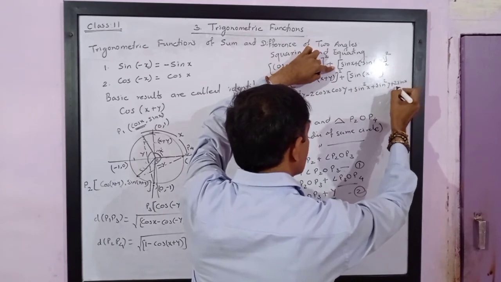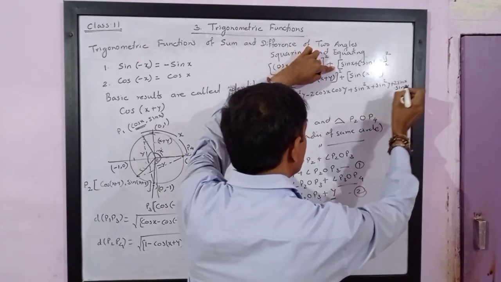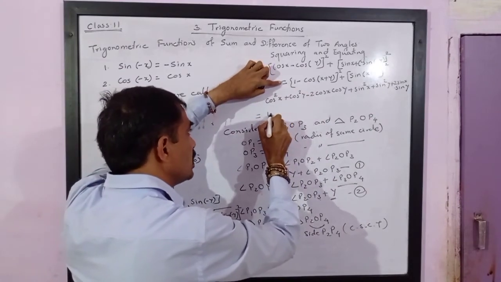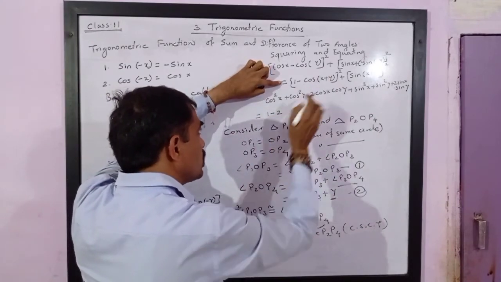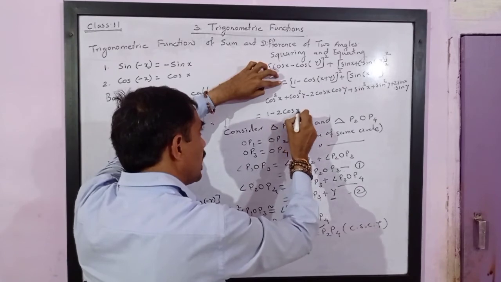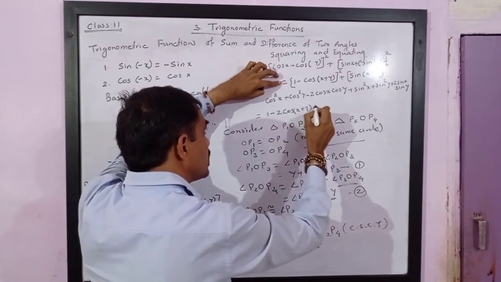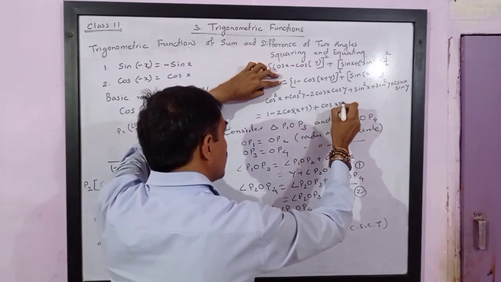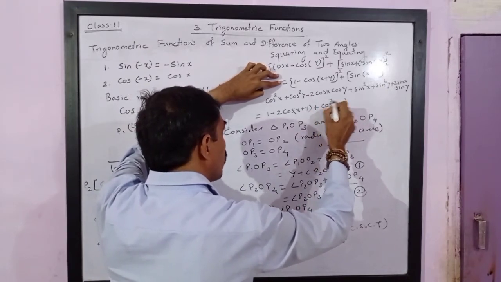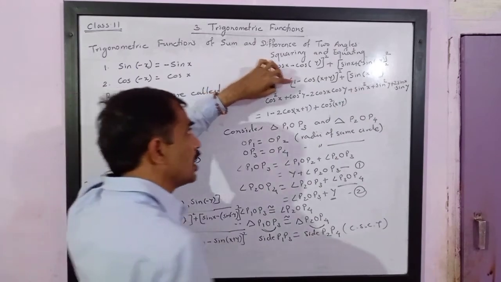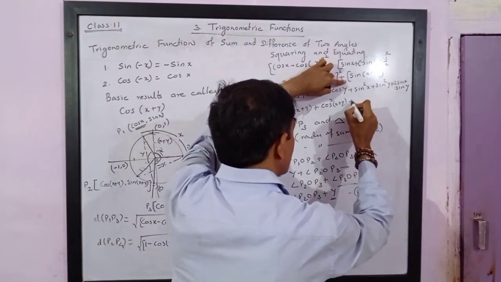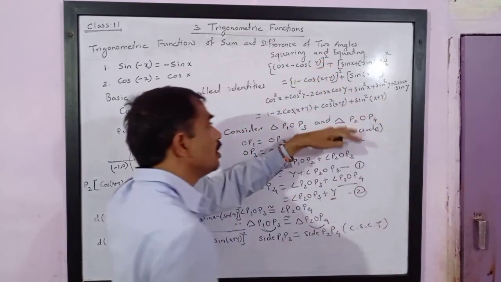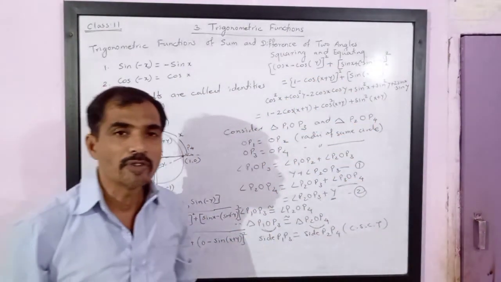The RHS is square of first term minus 2 times first into second, cos of x plus y, plus square of the second, cos square of x plus y, plus sin square of x plus y. Now I will need the place, so I am erasing the board further.